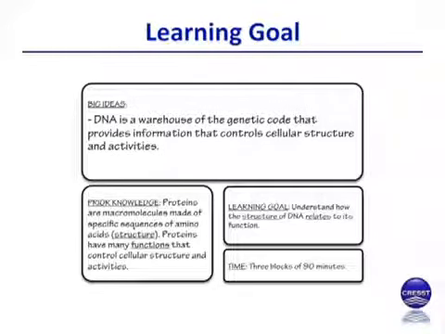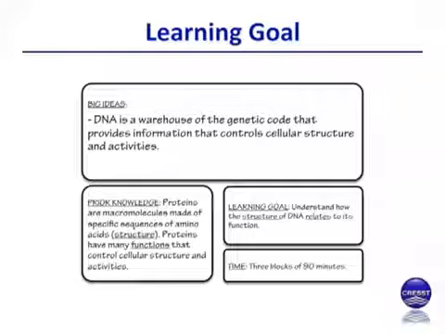And his big idea from science is, I wish I could read what it says on my computer, but DNA is a warehouse of the genetic code that provides information that, what? Controls cellular structure and activities. You see how much I know about DNA, can't you? I can't even do a closed procedure.